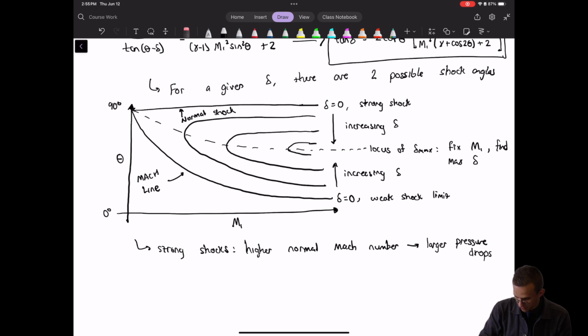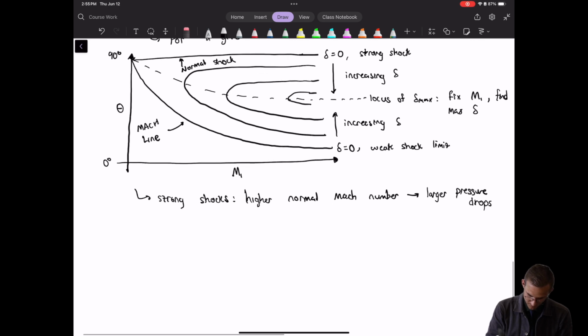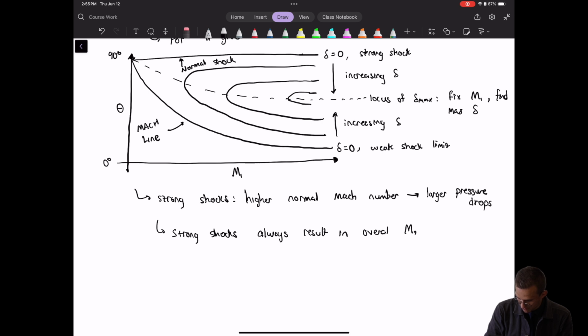Larger changes in properties across the shock, hence stronger. Okay. Another fact, strong shocks always result in an overall downstream Mach number M2 being less than 1.